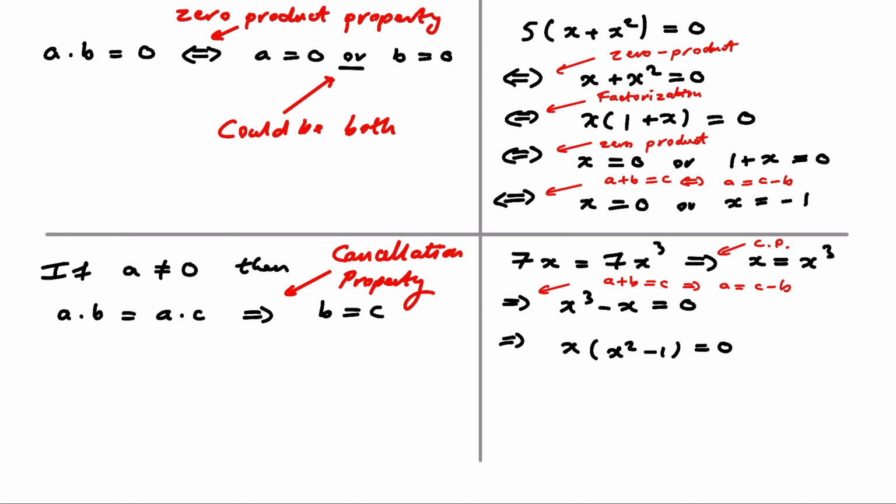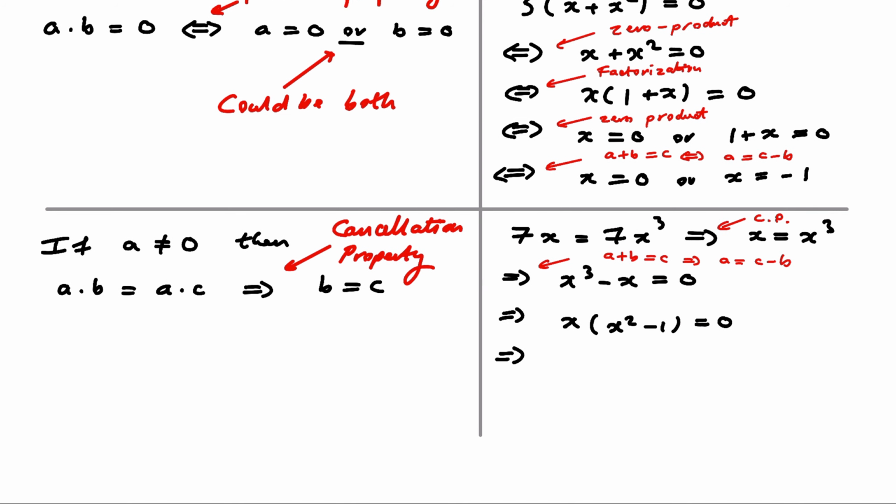I suppose at this point I could invoke the zero product law, but I can factor a bit more, remember? Because x squared minus 1 is x squared minus 1 squared, which is the difference of two squares. So this is x times (x plus 1) times (x minus 1) is equal to 0. So now what do I have? I've got a product of three things. Now the zero product property is about the product of two things being 0, but it also works for the product of three things.